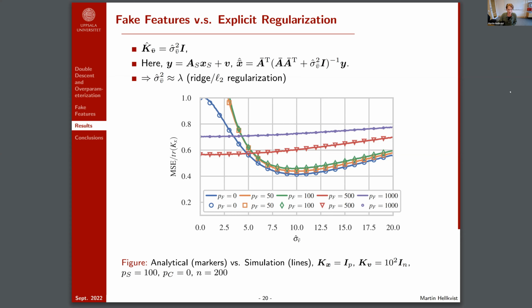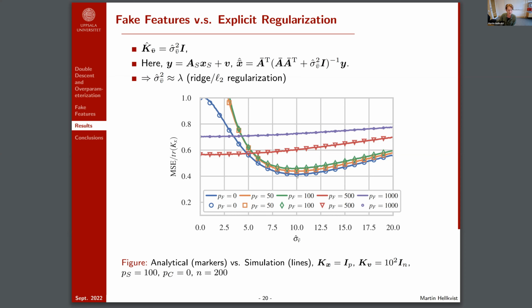The main interesting thing here is that we observe some kind of trade-off between the regularizing effect that these two entities provide, the fake features and the regularizing sigma hat. On this blue curve, without fake features, the best sigma hat I can choose, which minimizes the MSE, is sigma hat equals 10. This is the minimum on this curve.